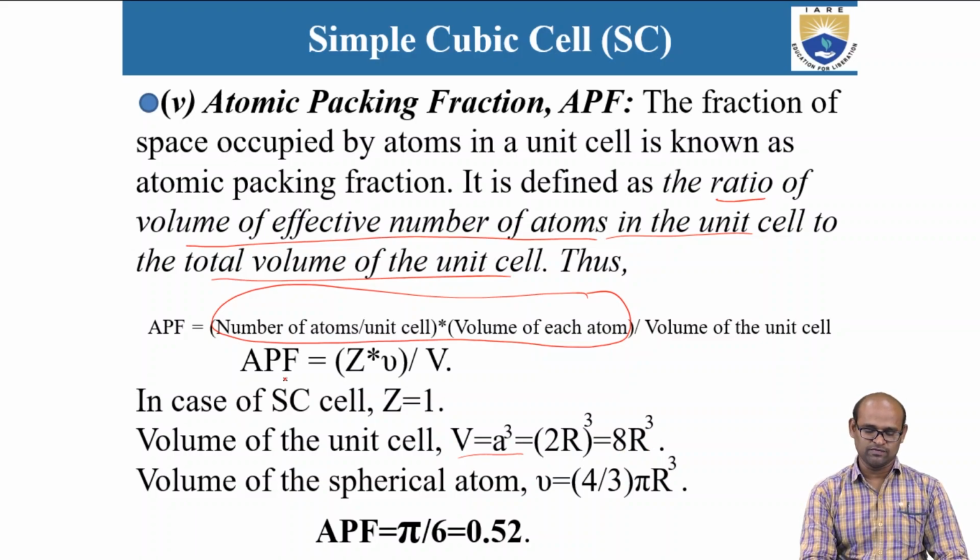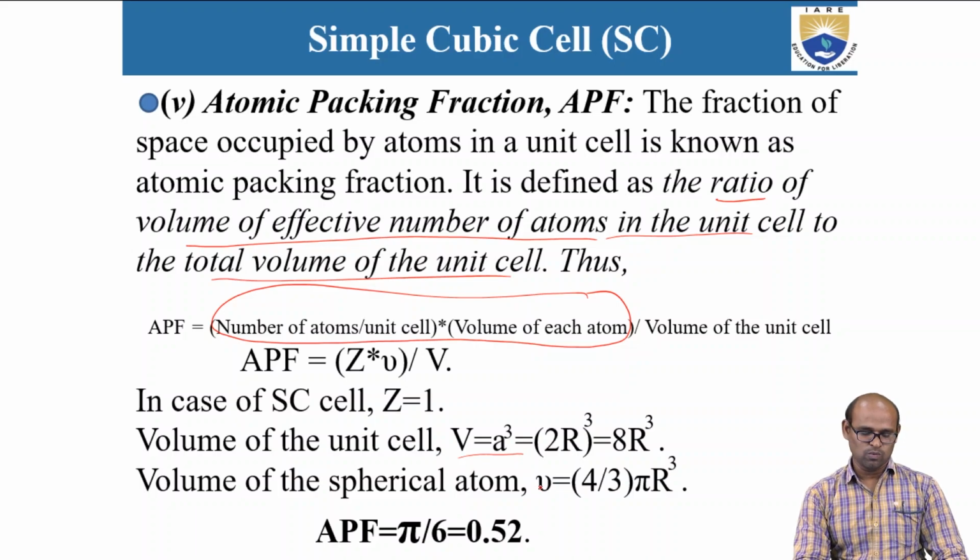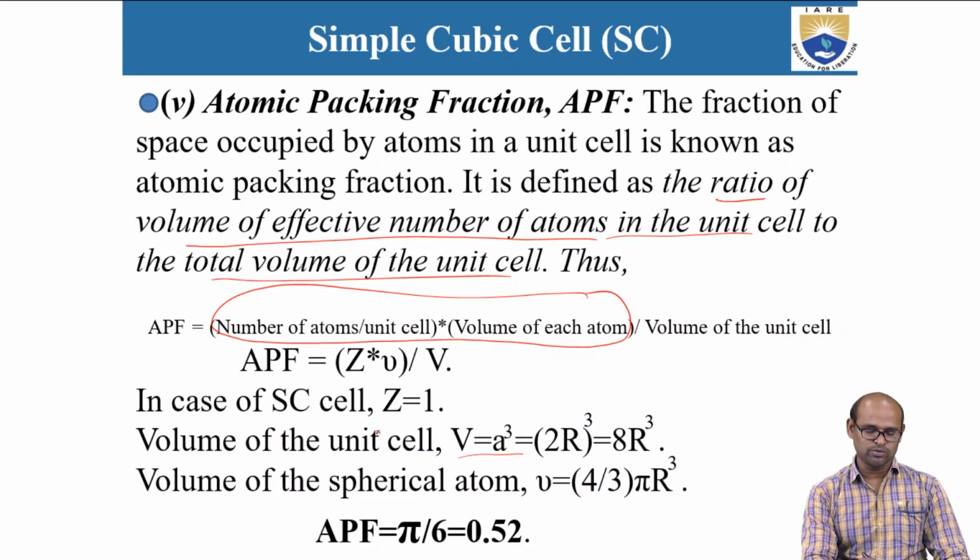Now we need to calculate the volume of each atom. If each atom is spherical in shape, the volume of the sphere is 4 by 3 pi r cube, where r is the radius of the atom.